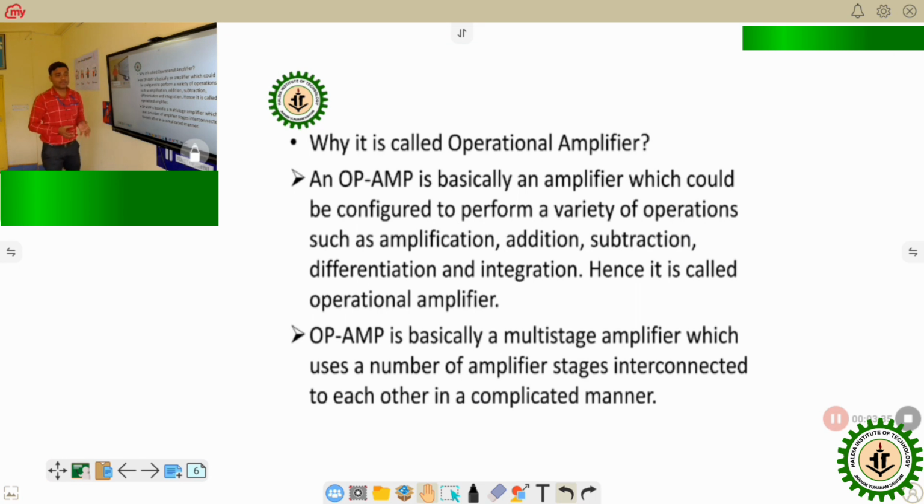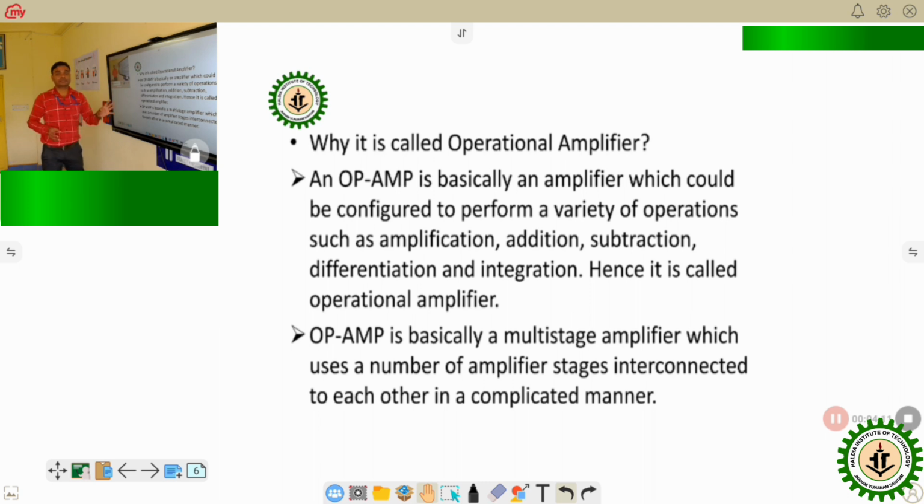I have already told why it is called operational. It is an amplifier which can be configured to perform various operations, including addition, subtraction, differentiation, integration, meaning logical and arithmetic operations. So the op-amp is basically a multi-stage amplifier, with a number of amplifier stages interconnected in a complicated manner.